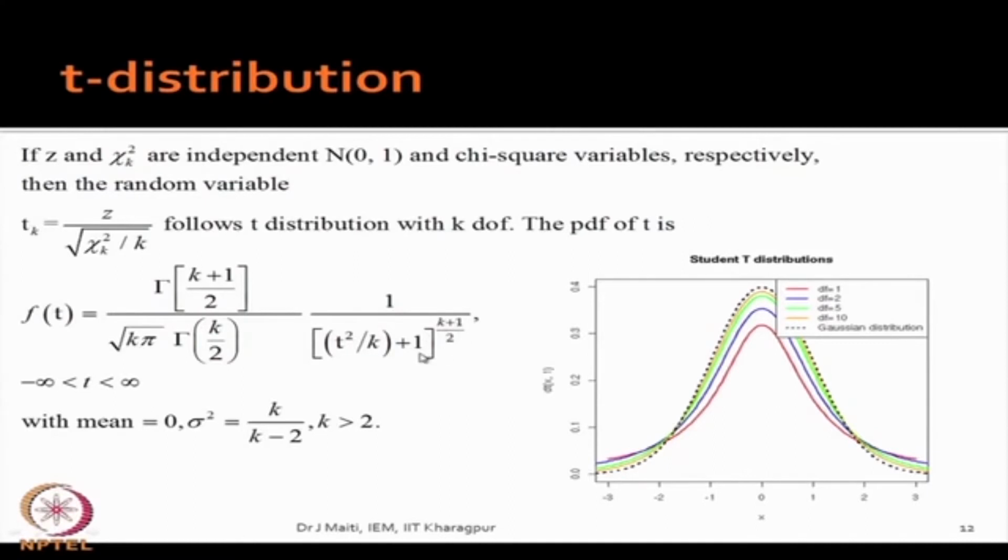So, that means the parameter of this distribution, the T distribution, is k, the degrees of freedom, and that is why the mean is 0 and sigma square is in terms of k. Getting me? So, you will know the parameter from the PDF only.